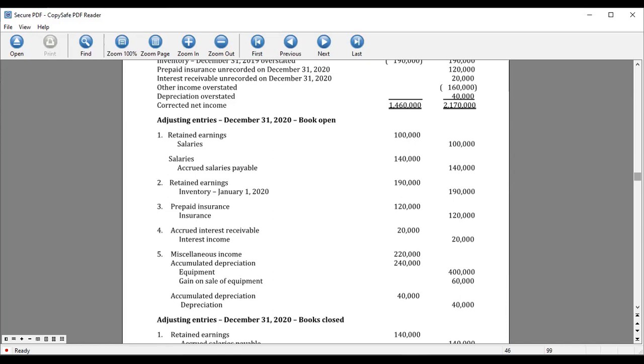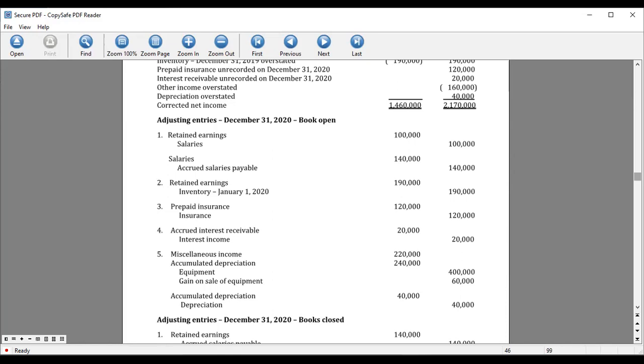So the entry made by the company was to debit cash and credit miscellaneous income for the amount of 220,000. Now, the credit to miscellaneous income was wrong, so we have to debit back miscellaneous income to close the account, because there is no miscellaneous income at all.